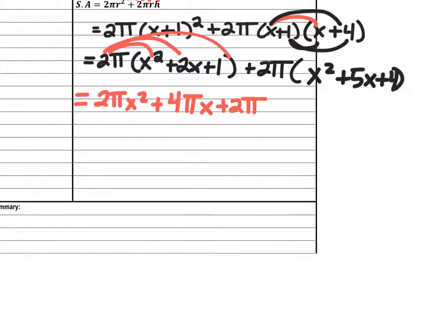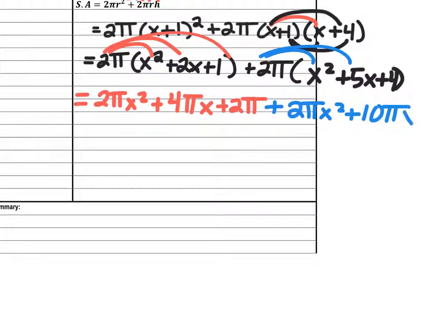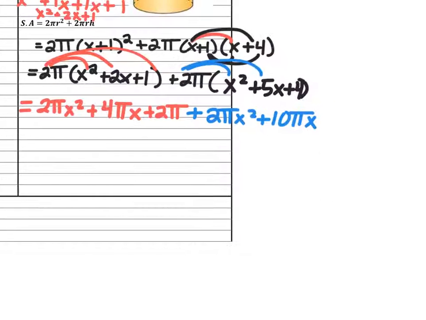Do the second term. It's a term because it's multiplied together right now, or a second expression, you could think of it like that. Plus 2 pi times x squared, so 2 pi x squared. 2 pi times 5x is 10 pi x, and please tell me if I'm doing something wrong, because it's a really big problem, and 2 pi times 4 is 8 pi. Does that look okay?